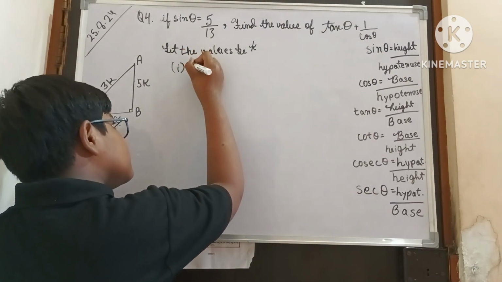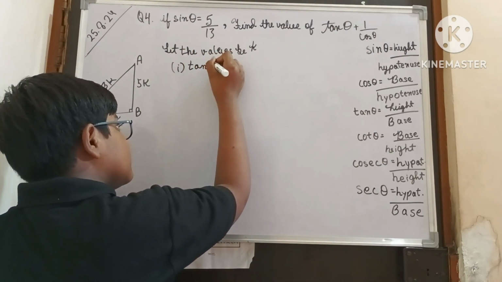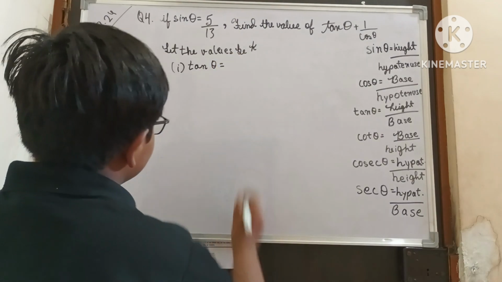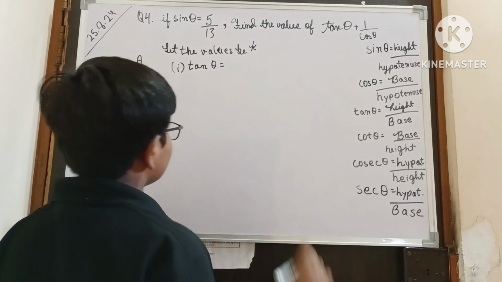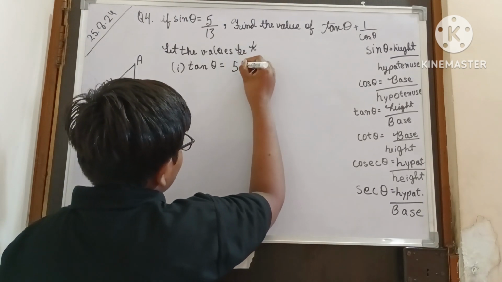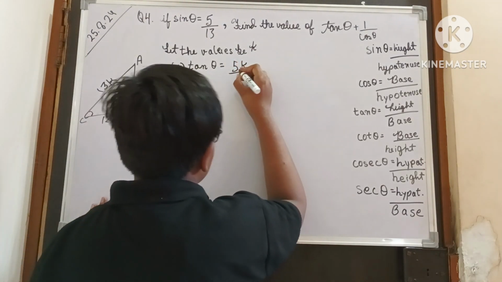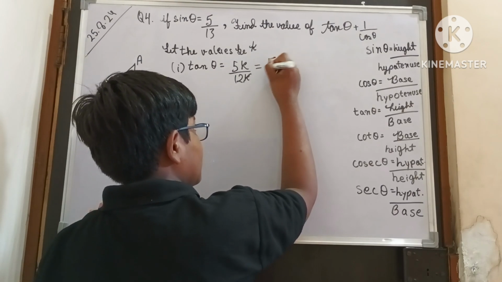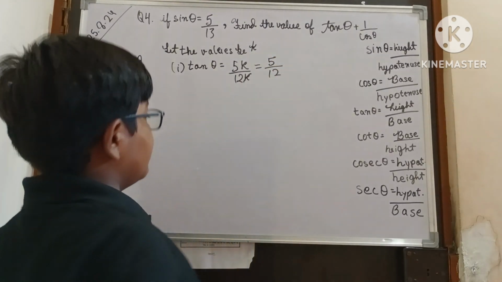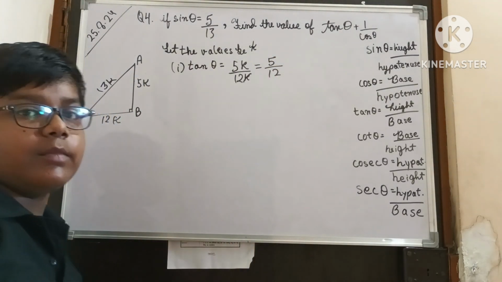First, we will find tan theta. The formula of tan theta is height upon base. Height of the triangle is 5k and base of the triangle is 12k. K and k will be cancelled out, and we will get the value of tan theta as 5 by 12.